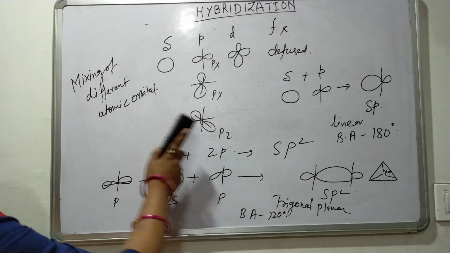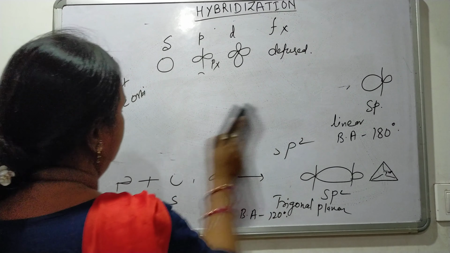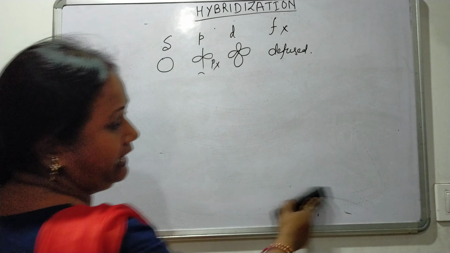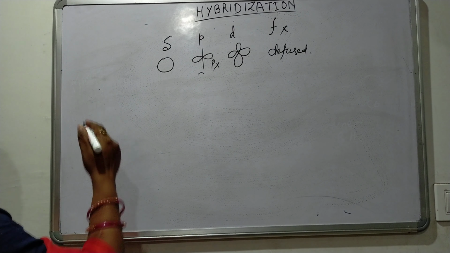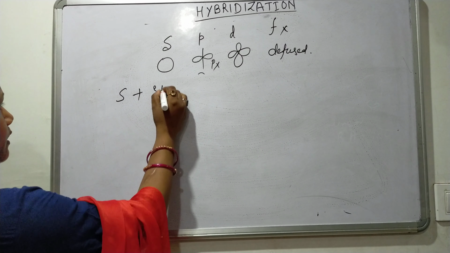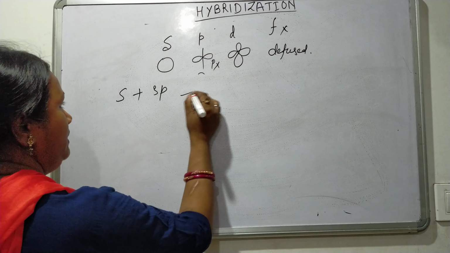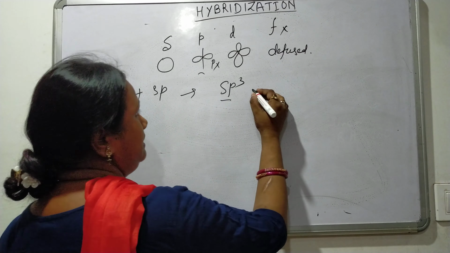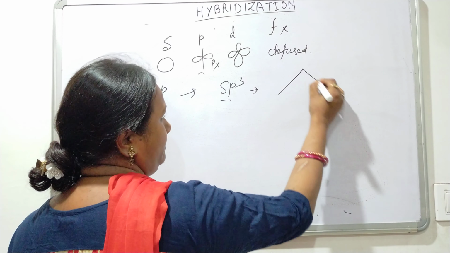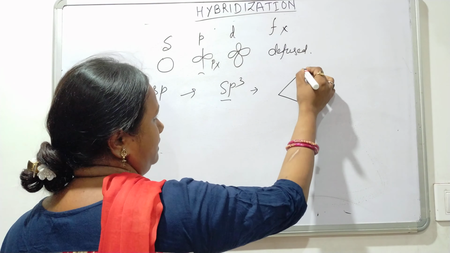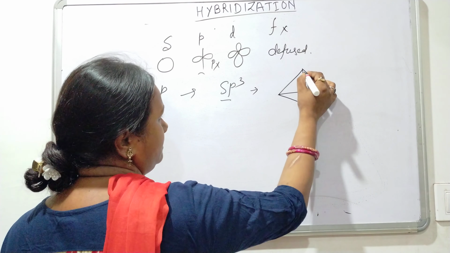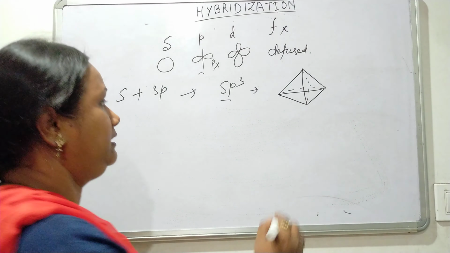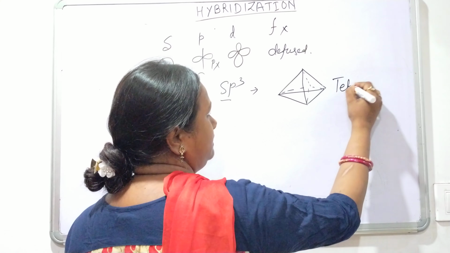Now, if one s and three p orbitals mix together, then it will form sp3 hybrid orbital. Its structure will be tetrahedral. This is the tetrahedral structure.